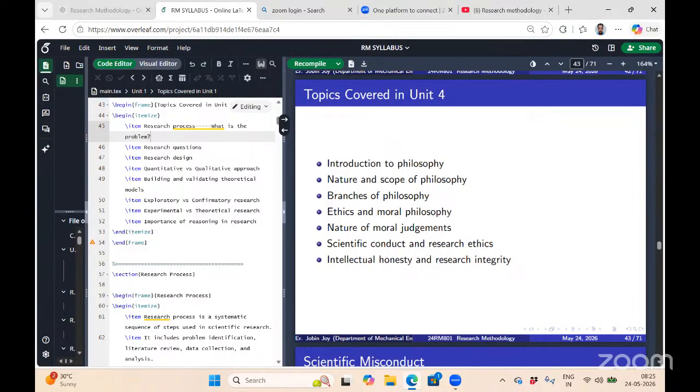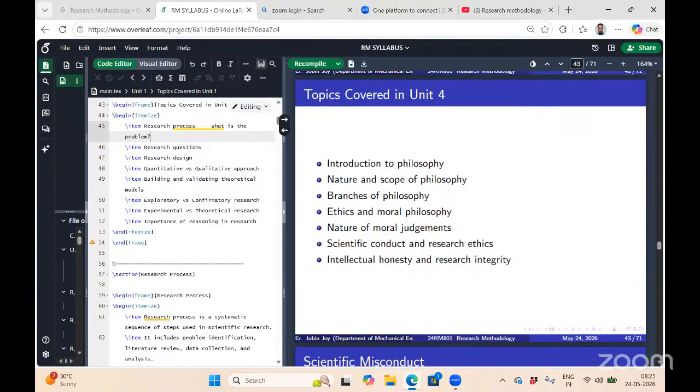This will help researchers avoid those scientific misconducts. Ethical research will increase the credibility of scientific research. For example, researchers should report accurate experimental results without changing the data. Don't change the data.